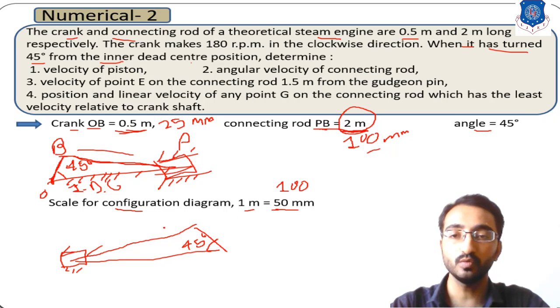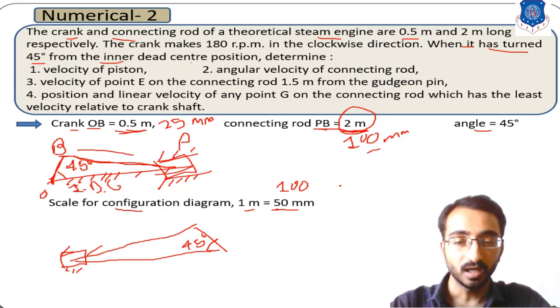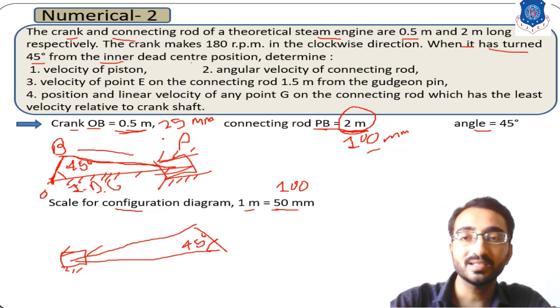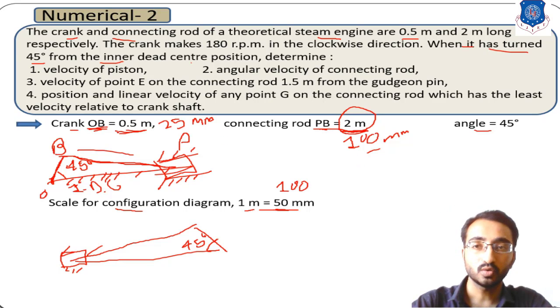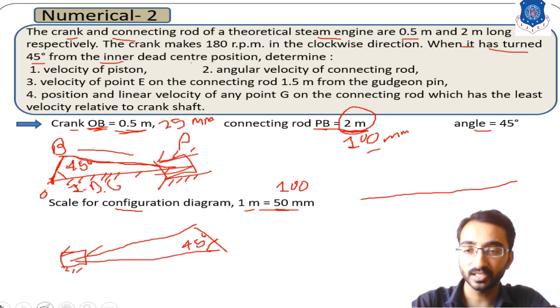So how will you sketch? First, you have the configuration scale of 1 meter equal to 50 mm. Let's first sketch this crank OB, and consider this one as your fixation point.